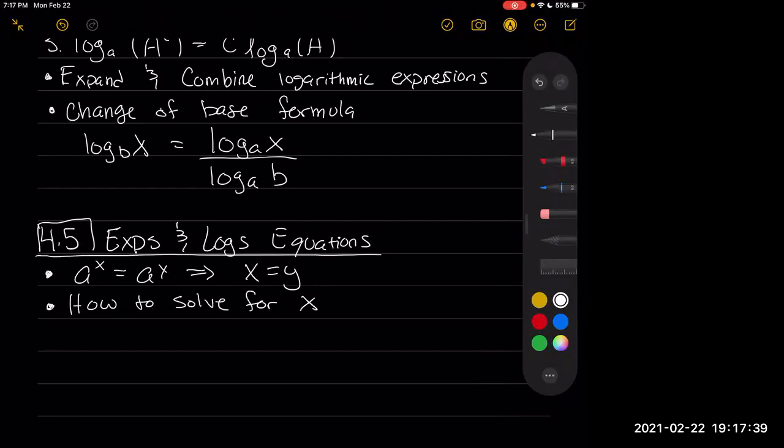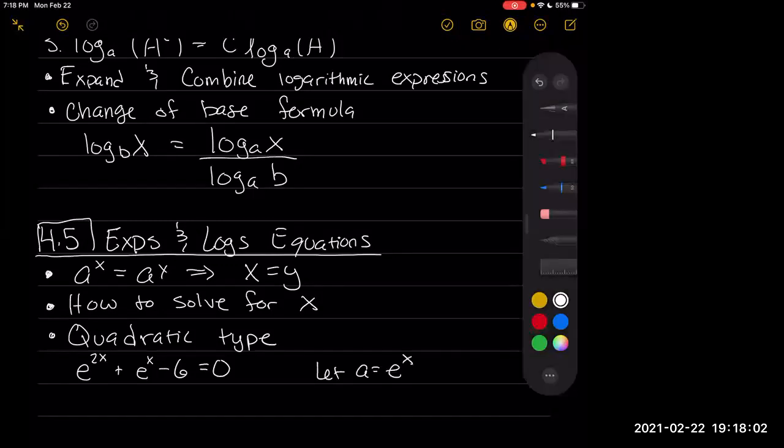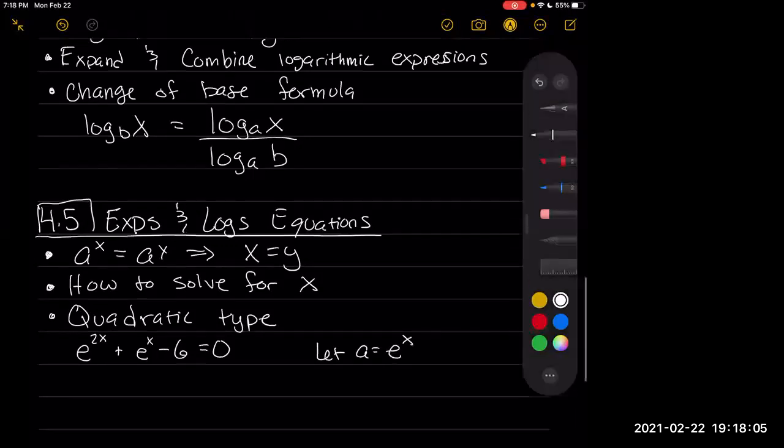And one of the ways that we learned to solve for x were quadratic type logarithms or exponentials. So for example, if we had e to the 2x plus e to the x minus 6 equaling 0, if we let a equal e to the x, this means we can rewrite this as a squared plus a minus 6 equals 0.